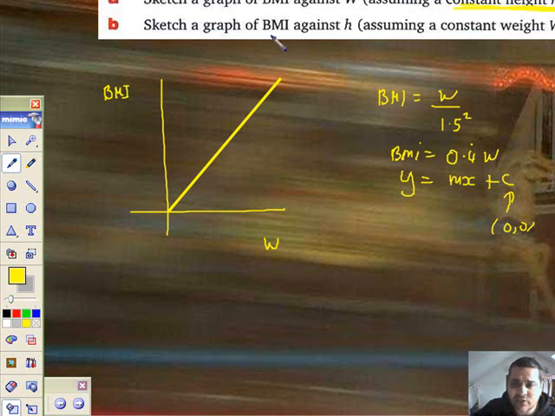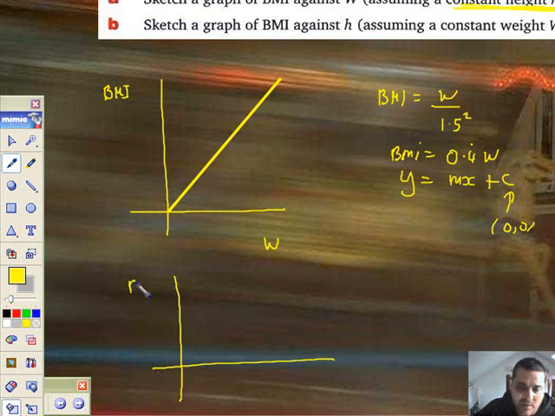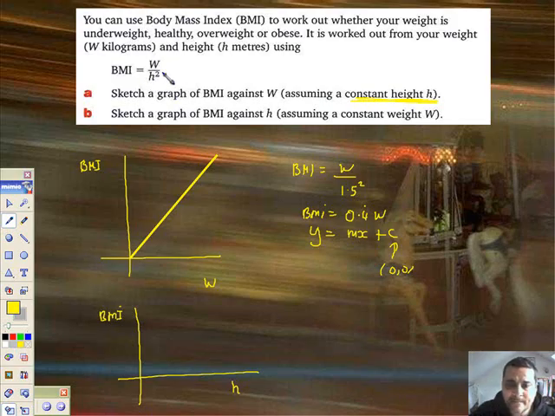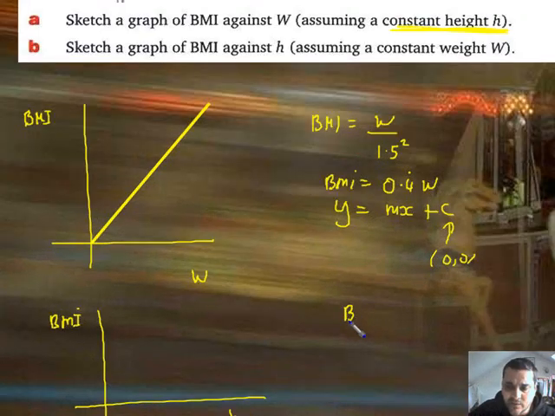Next one, sketch a graph of BMI against height. Now, what's happening here? I've got BMI equals constant weight divided by my height squared.